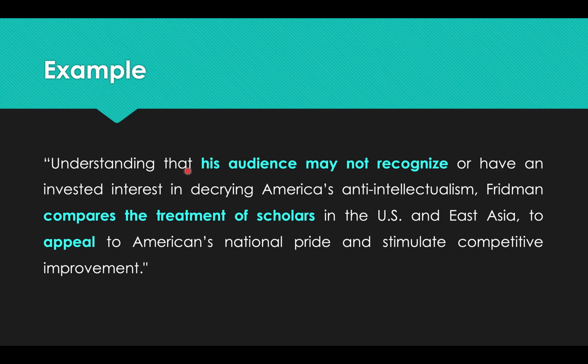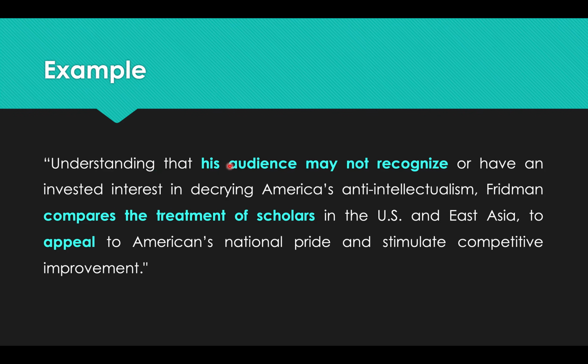Okay, so the first portion of the sentence is really a later portion of the sentence, right? Because this one is dependent upon the other sentence. So this is the real claim of the sentence. Friedman compares the treatment of scholars in the U.S. and East Asia in order to do what? To appeal to national pride and stimulate competitive improvement. And why does he do that?